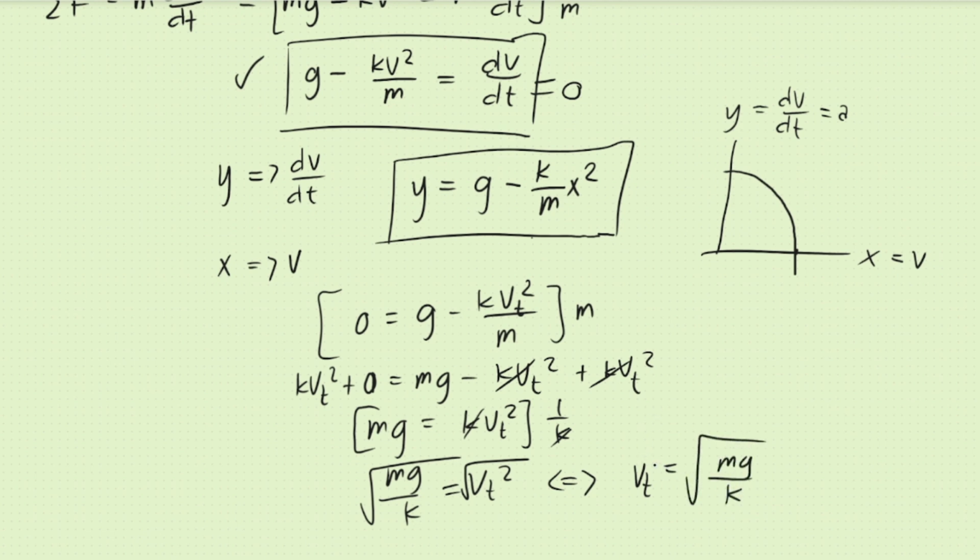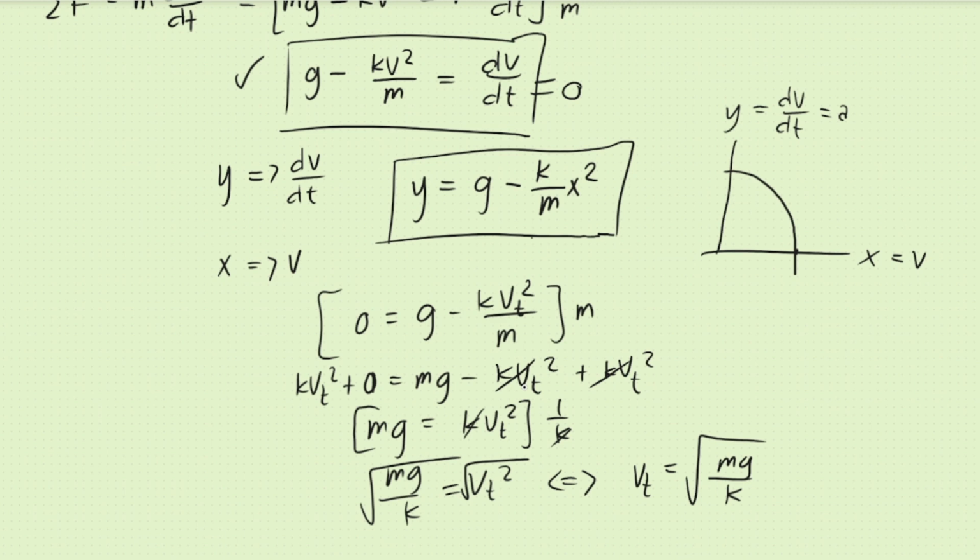This terminal velocity, the square root of mg over k, is the velocity at which, once your falling body reaches it, it will only keep on falling with that velocity. The velocity will be constant and it won't be accelerating.